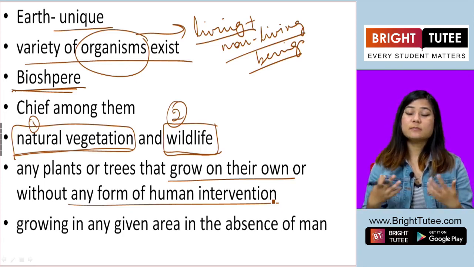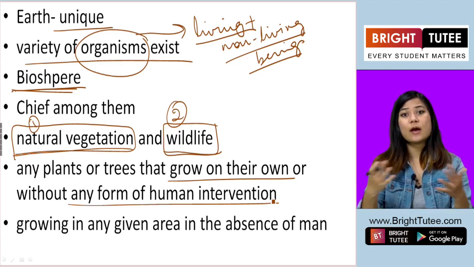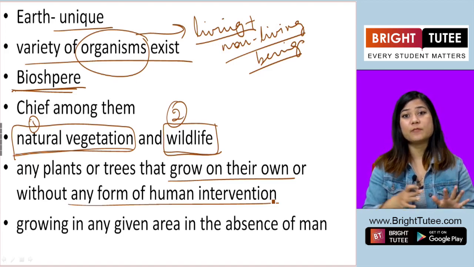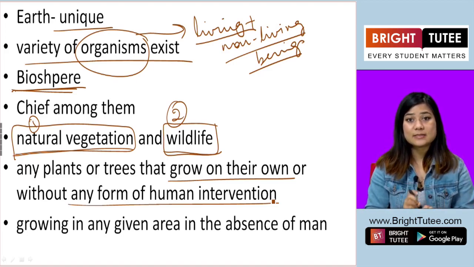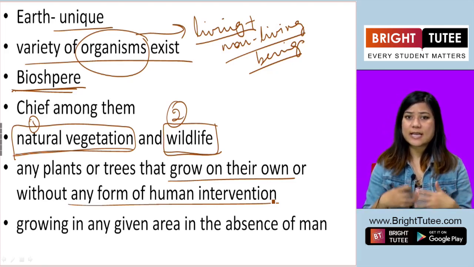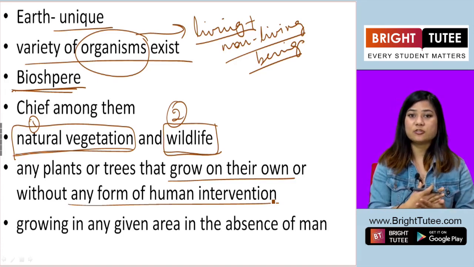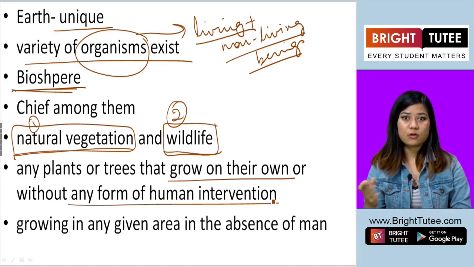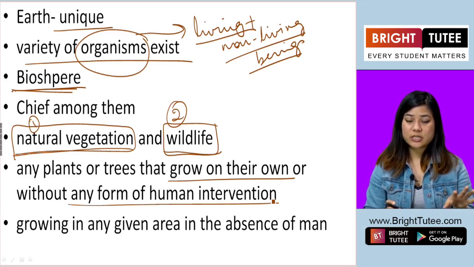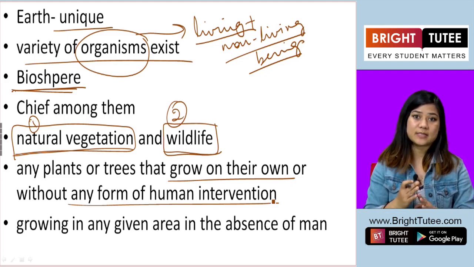So vegetation means plants and trees, alright? We go out and we see vegetation. We see forests where we see so many kinds of plants, trees, shrubs, bushes, grasses, etc. Now that vegetation can be natural or not natural. Natural vegetations are those where human intervention is not present.